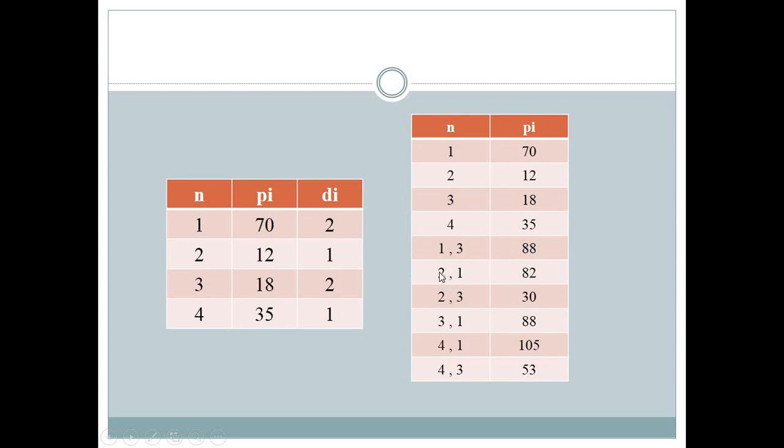Another possible solution is 2-1. If we select job number 2 and job number 1, then job number 2 whose deadline is 1 will clearly start and gain profit 12, and after it job number 1 with deadline 2 will gain 70 profit, so the total profit will be 82.